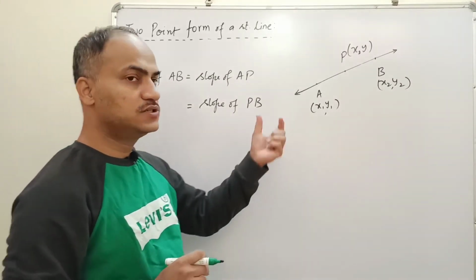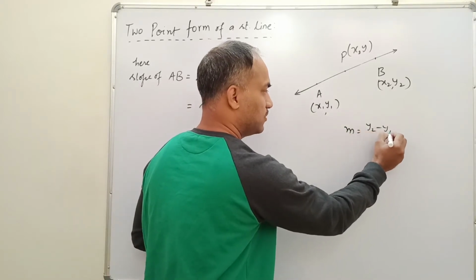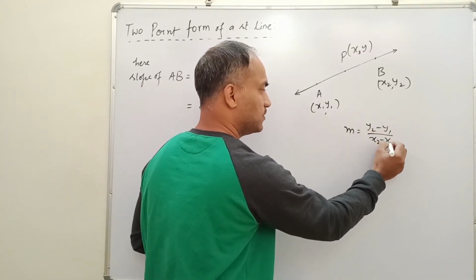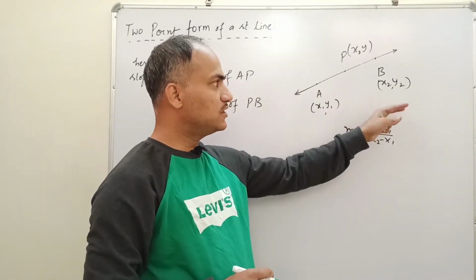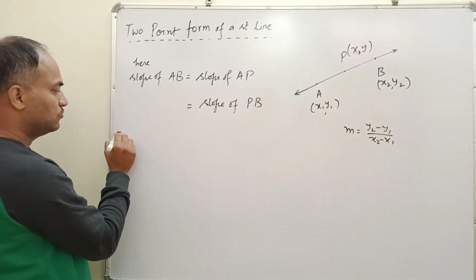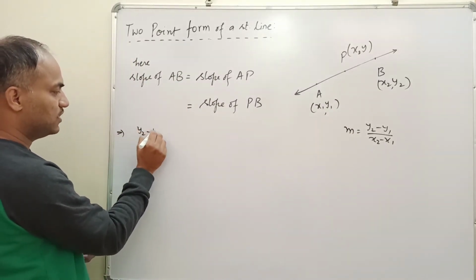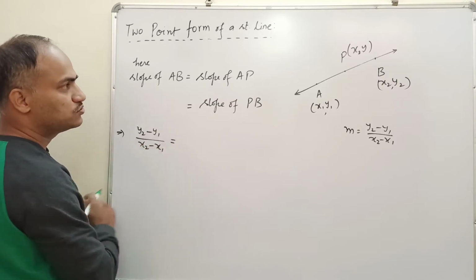For AB, the slope formula is y2 minus y1 upon x2 minus x1. So when we find the slope of AB, directly the formula gives y2 minus y1 upon x2 minus x1, equal to the slope of AP.